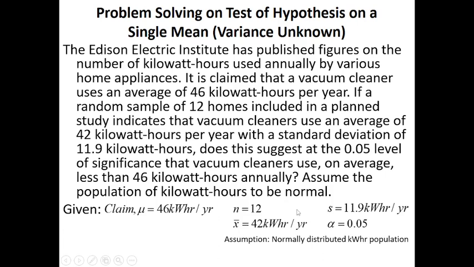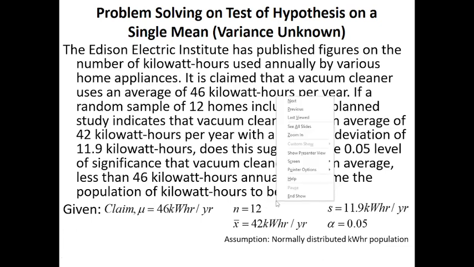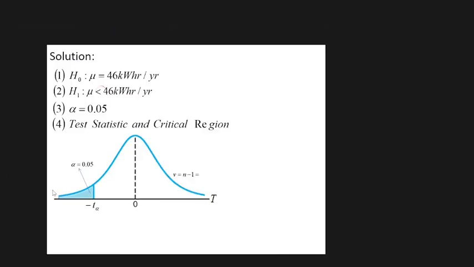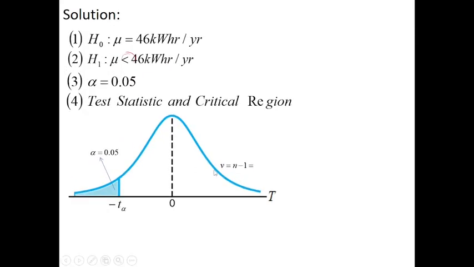So considering kilowatt hours per year of those vacuum cleaners for 12 homes, n is 12. Therefore, the number of degrees of freedom is 11. 12 minus 1 is 11.